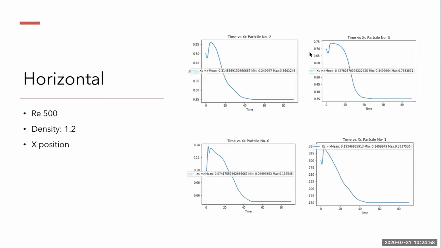The particles were on the x-axis, and as can be observed from the graph, approximately at t equal to 50, the flow inside the cavity is already at or very close to a steady state. The common feature of those 4 graphs is that they show 4 different particles. For example, particle 1 is the lower left side, particle 2 is the lower right side, and then particles 3 and 4. They were changing with time.